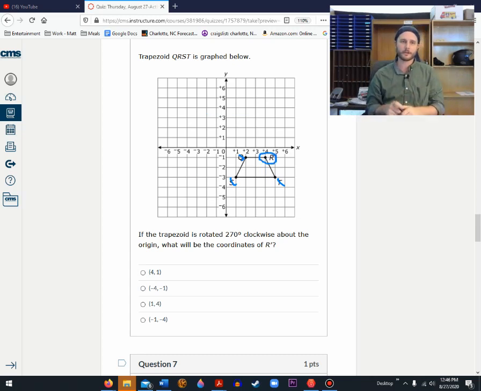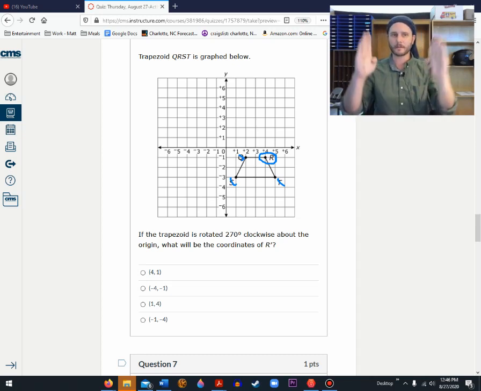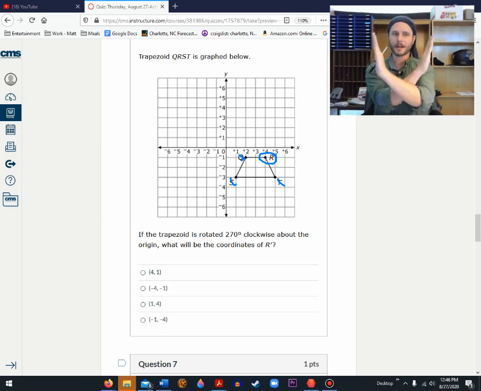If you double check your notes, if you are rotating 270 degrees clockwise, then what is going to happen is you will take your x and your y value and you're going to flip them. So instead of it being positive 4, negative 1, you're going to flip them, and then it will be negative 1, positive 4.